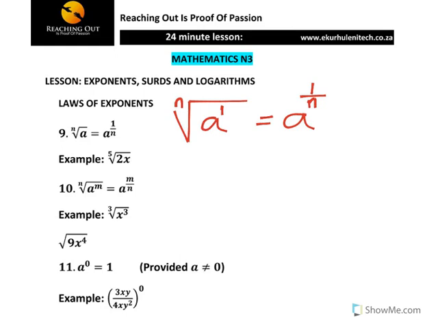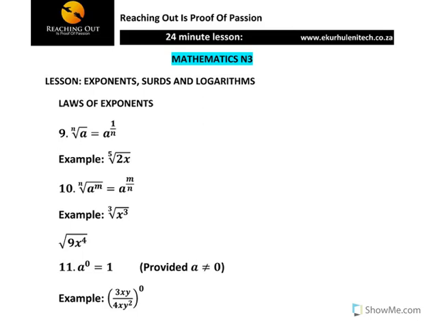And just to give you a quick hint, when they just write the square root of something, what is hidden is that there is a 1 there and there is a 2 there. They don't usually put these numbers. So this is the same as 2 to the power of half. I'm just giving you a trick ahead.